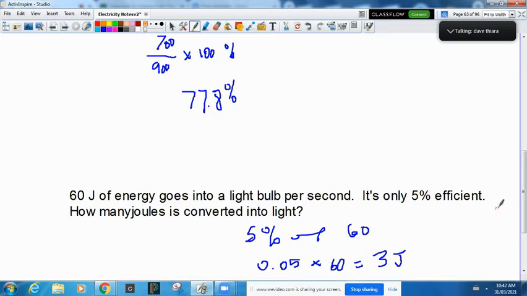The rest of it, the 57 joules, is turned into heat. So the old style light bulbs were way more efficient as heaters than they were as actual light sources.